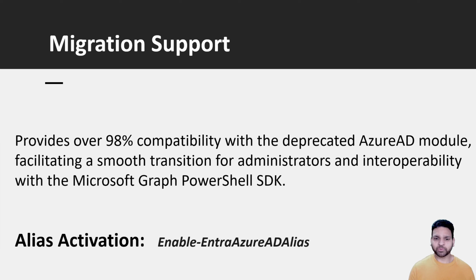And the Entra PowerShell module will understand all those commands and provide you the output. So when you are migrating scripts from the deprecated Azure AD module to the Entra PowerShell module, you don't need to make significant changes. Just enable the alias and 98% of the script will work. There are certain features which have changed. You need to make slight changes and you're good to go.